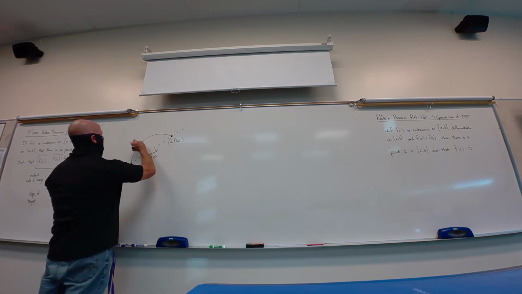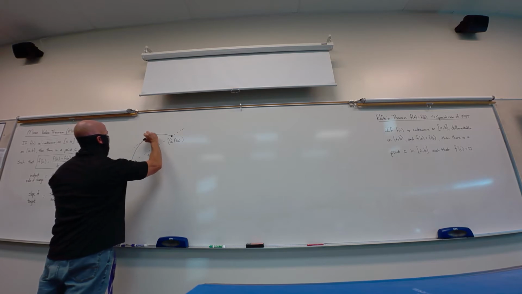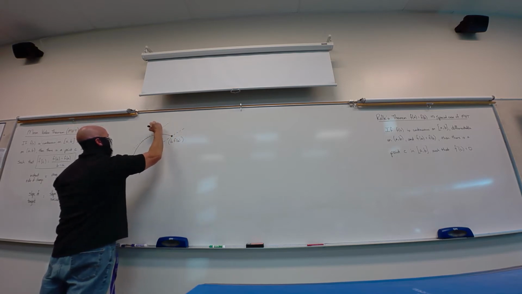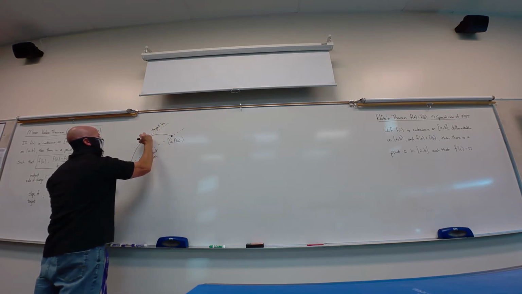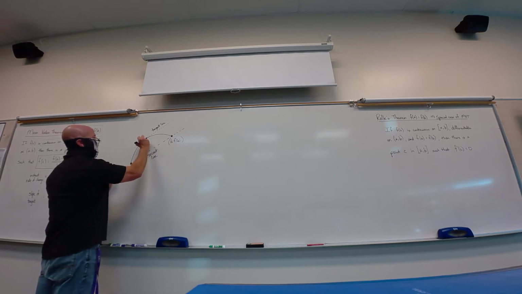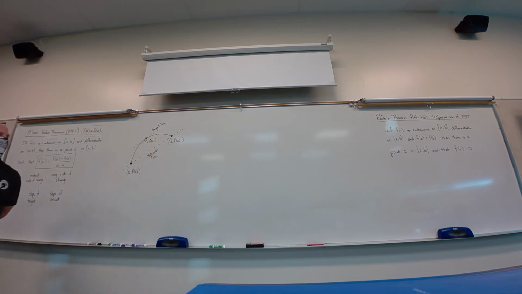So if I drew a tangent line up in here, pretend my drawing looks really good. There's my tangent line, and there's some value C. I guess that would be the point C, f of C. But there's some C value in there where the slope of that tangent is equal to the slope of the secant. Everybody okay with that?